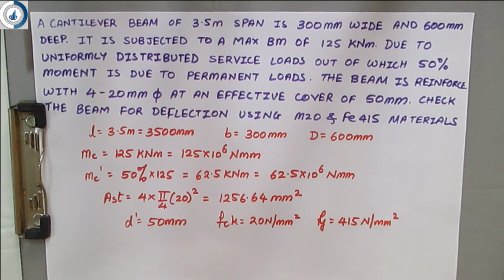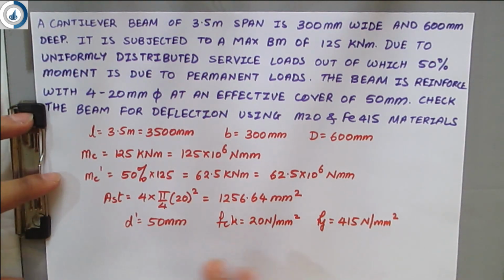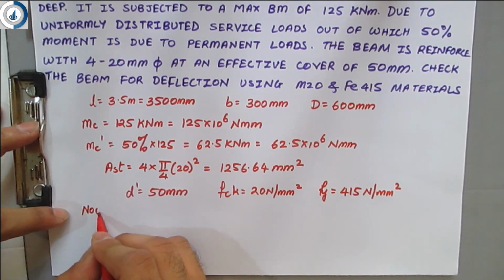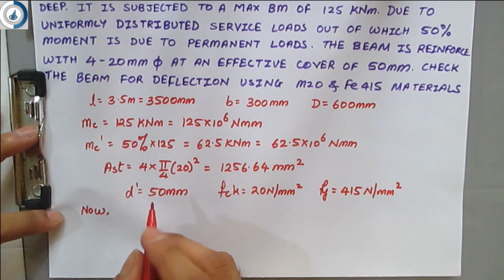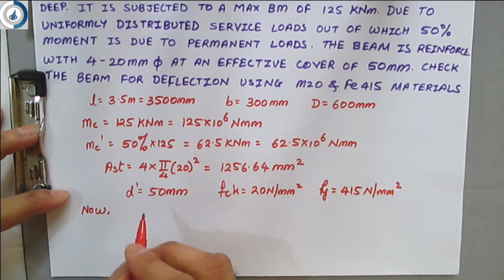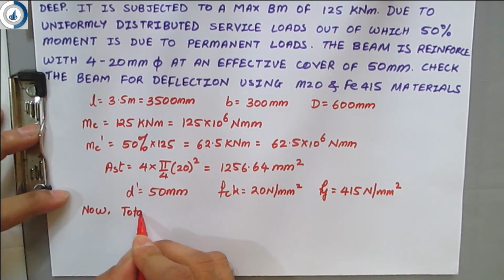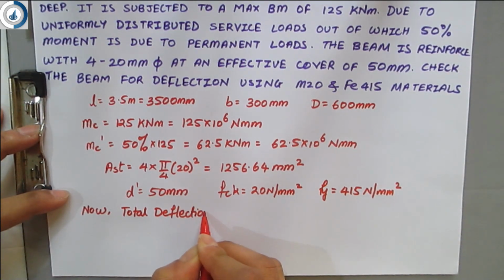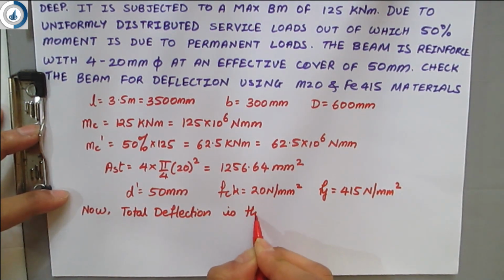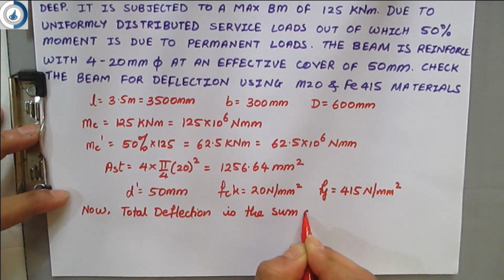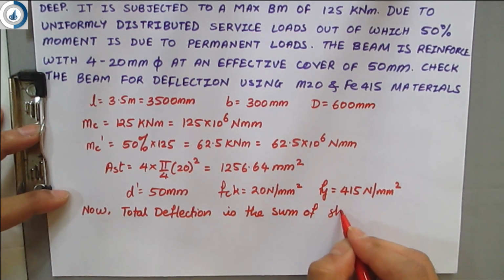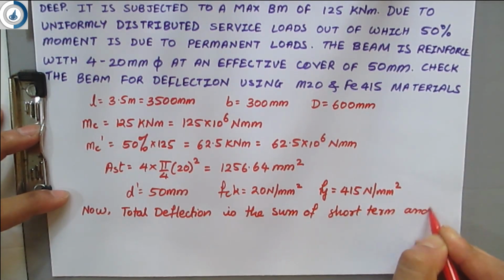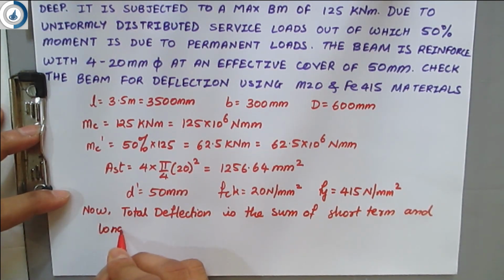Now, total deflection is the sum of short-term and long-term deflections.